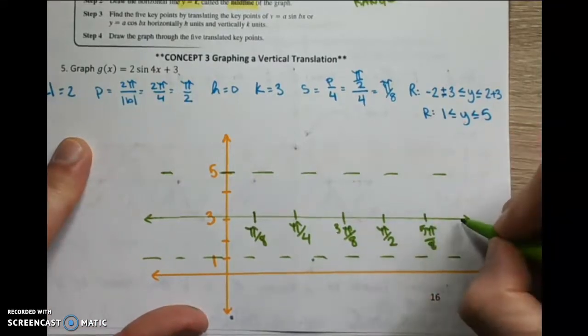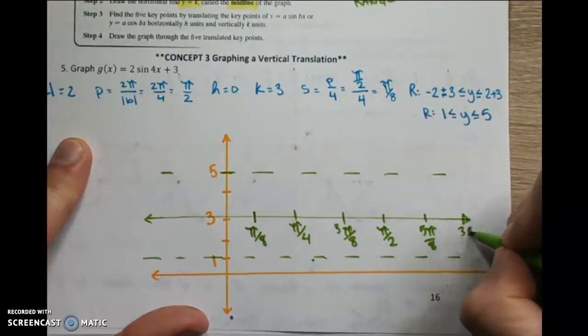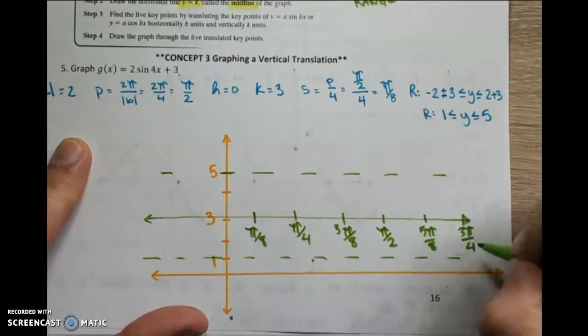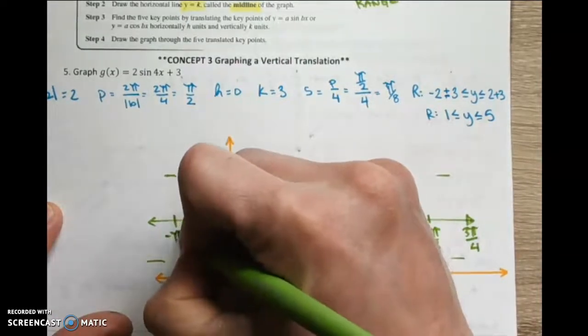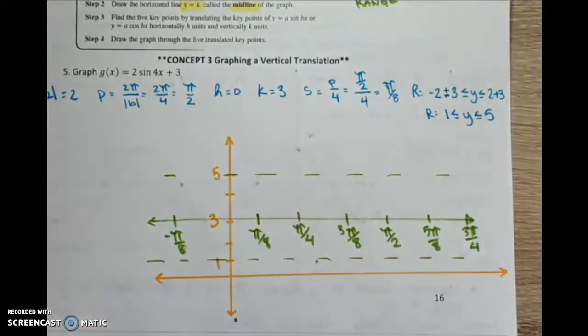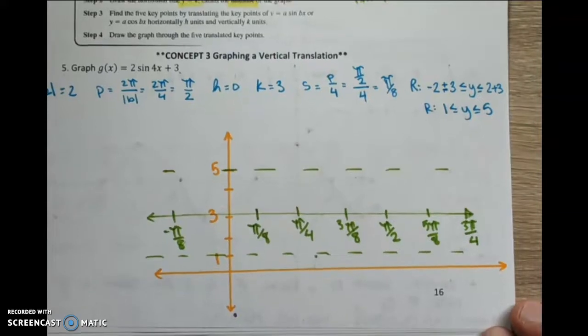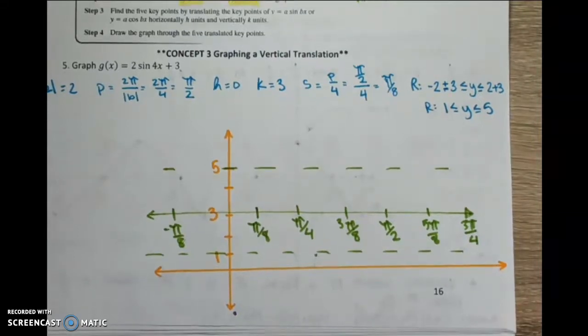Multiply that by 6, I get 3 pi over 4. Okay, and I'll put negative pi over 8 on this side as well. Okay, so now I basically have everything ready as far as graphing.